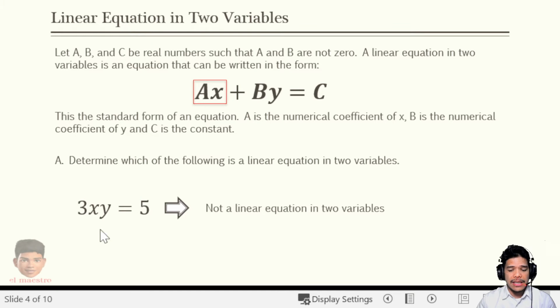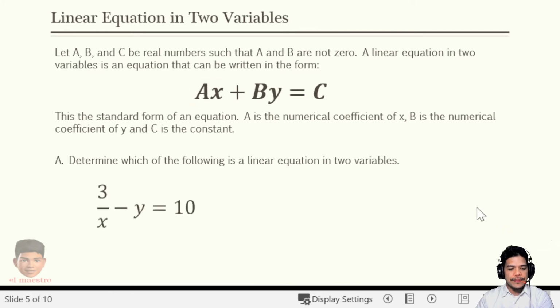But in this case, hindi. Tingnan nyo, magkatabi yung x and y. So meaning, isang term sila. Pag linear equation with two variables, separate terms yung x term at y term. Kaya, this is not a linear equation in two variables.